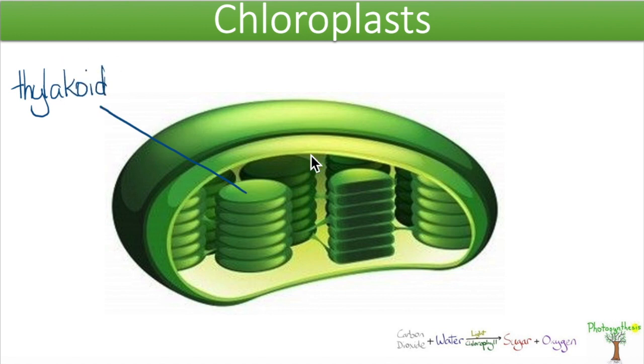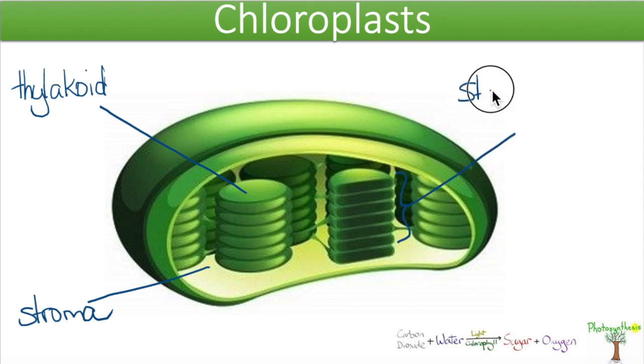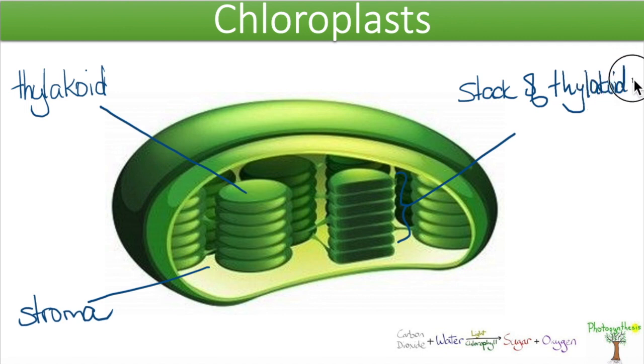The liquid is called the stroma. And then a whole stack of thylakoids is called a granum. And this is where it's all happening.